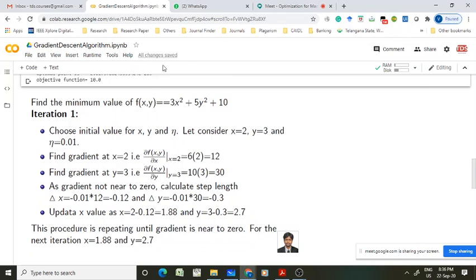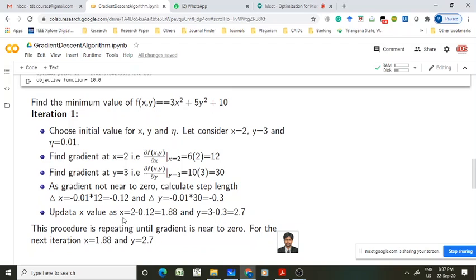Similarly, you have to find the gradient of the function with respect to the second decision variable also. So dou f by dou y equal to 10y, where y equal to 3, that's equal to 30. If you have only one decision variable, you find only one gradient. If you have two decision variables, you calculate two gradients, one with respect to each.